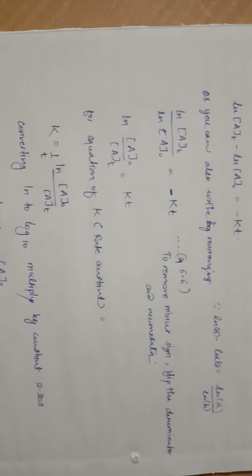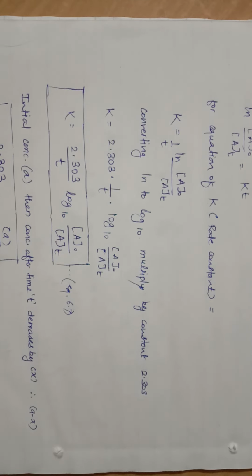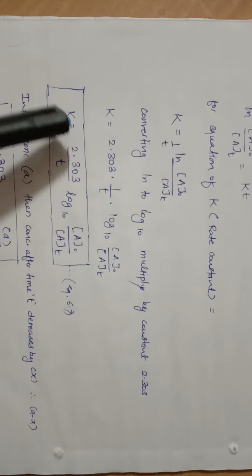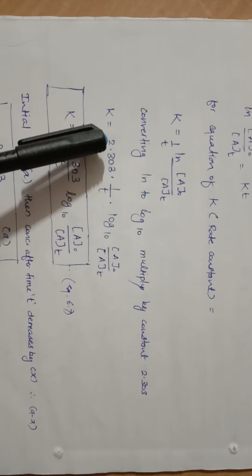Okay, now we have this natural log term, right? Now we have to convert it for calculation also. We have to convert natural log to log to the base 10. So while converting into log to the base 10, you have to multiply that term by 2.303.